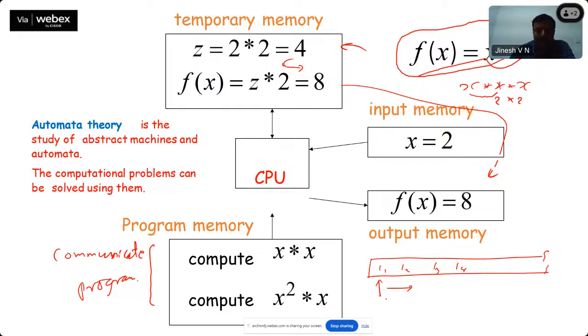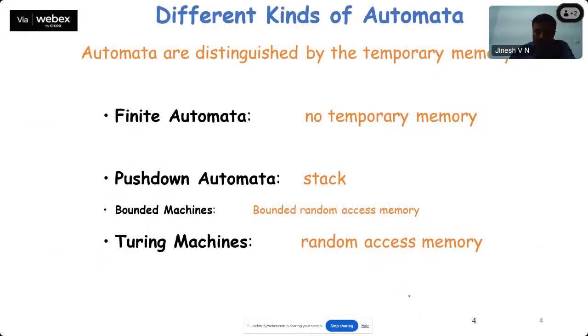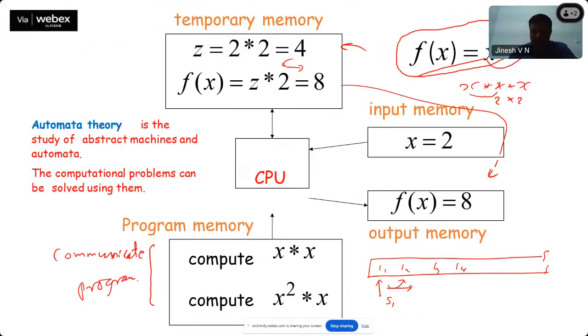Whenever we read the first instruction, the status of the system may be S1, and after reading, your status may change, and by default you shift to the next location, then your system status becomes S2. Again, with S2 you read the next instruction I2, then your status may change to S3 and you go for the next instruction.